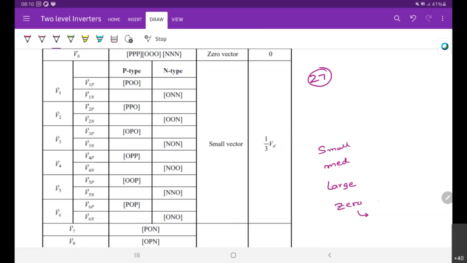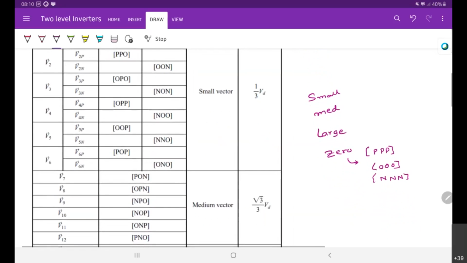That means we have the switch states P, P, P, 0, 0, 0, or N, N, N. What is the exact meaning of N, N, N?